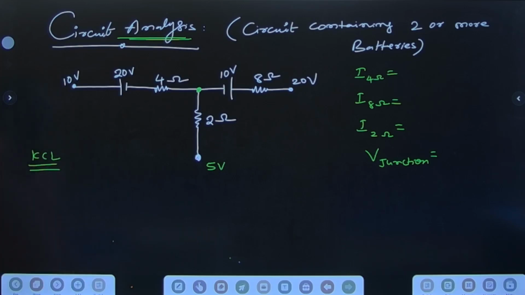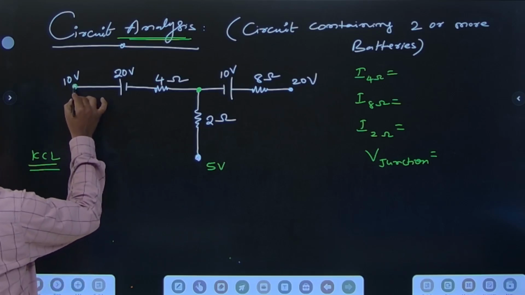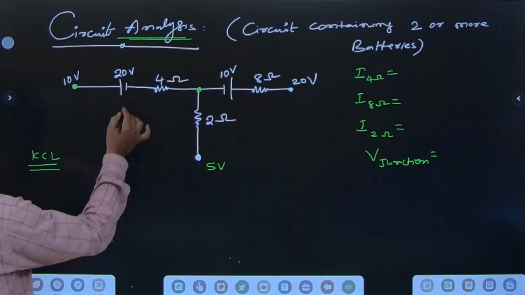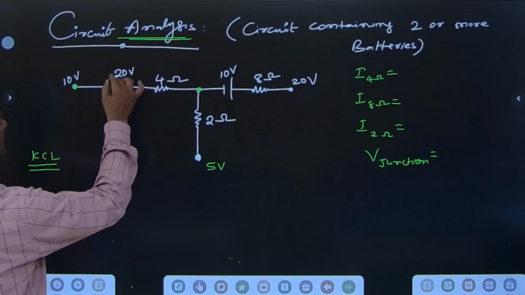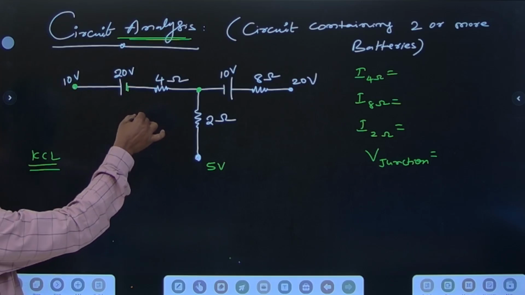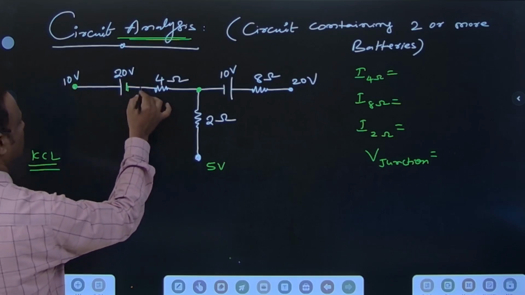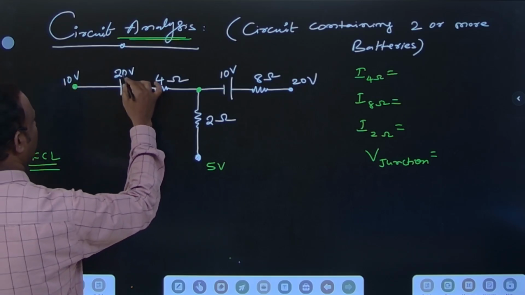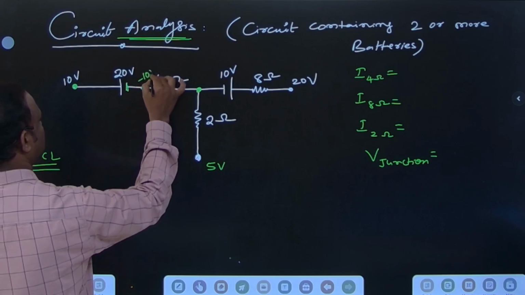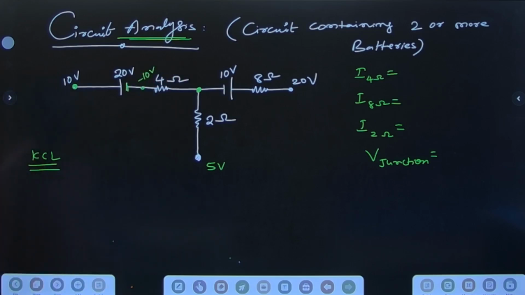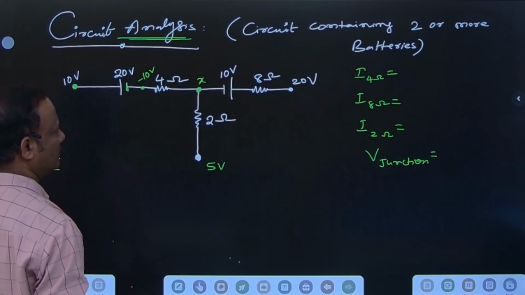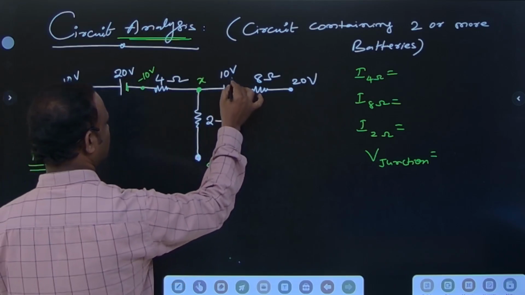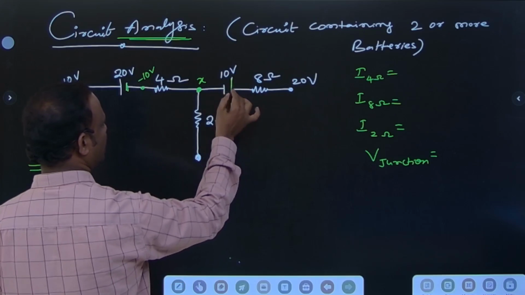First one, this is 10. Here the potential is 10 volts. This is negative, which means from 10, 20 will be removed. So this potential will be 10 minus 20, which is minus 10 volts. Let the common potential at the junction be X. X, this is positive, which means addition.